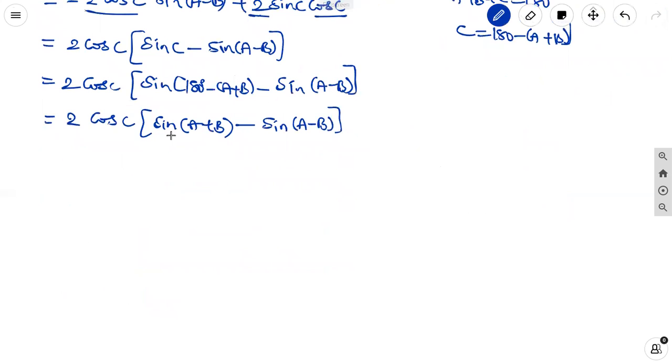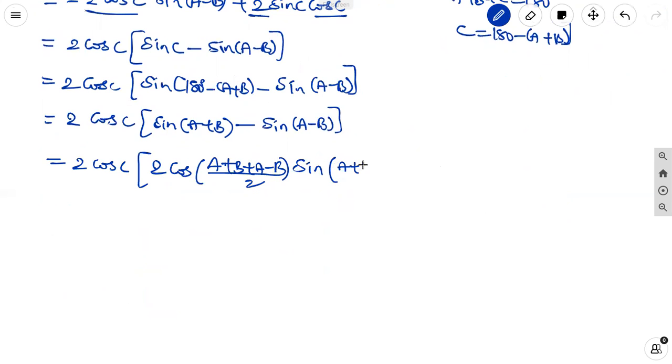Again, we can apply the sin C minus sin D formula, that is 2 cos of (C plus D)/2, (A plus B plus A minus B)/2, sine of (A plus B minus (A minus B))/2. Here plus B minus B cancel. It is 2A, 2 cancels.